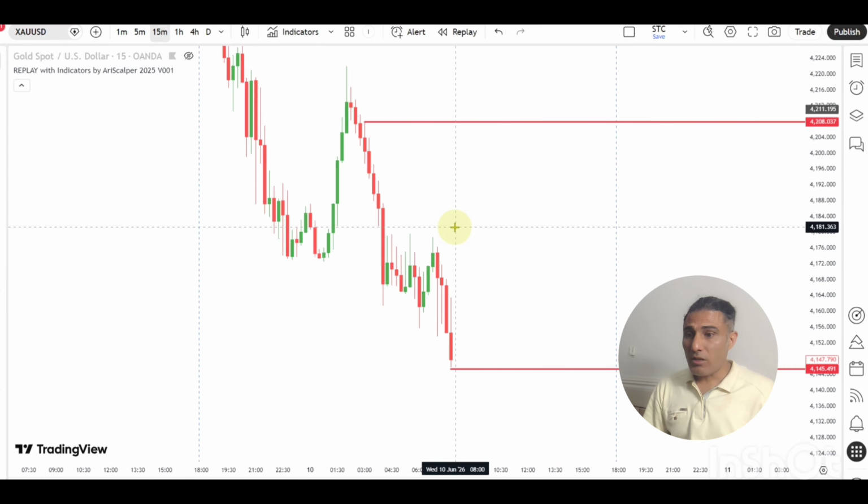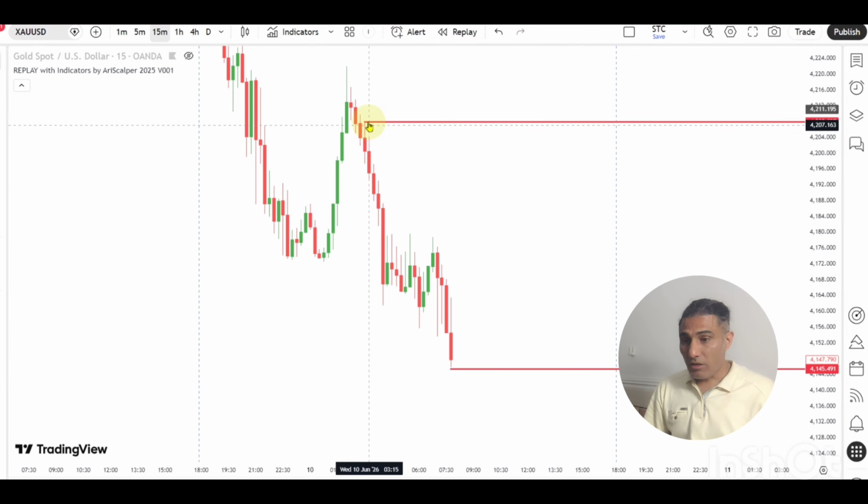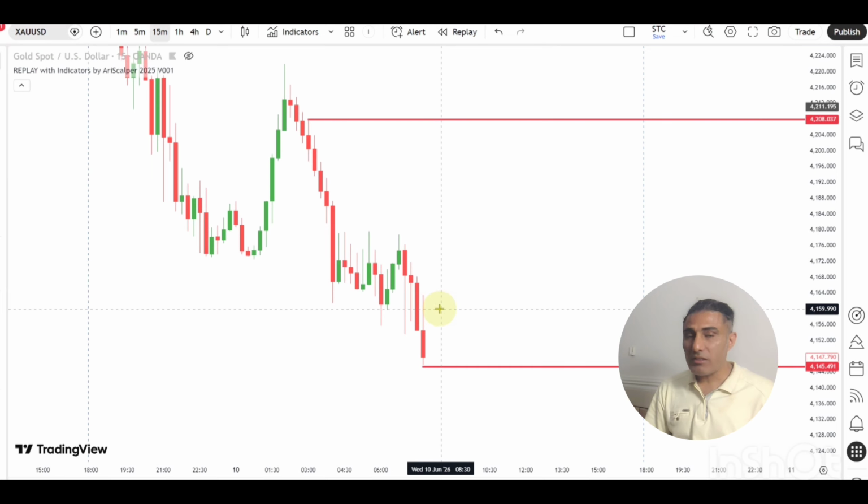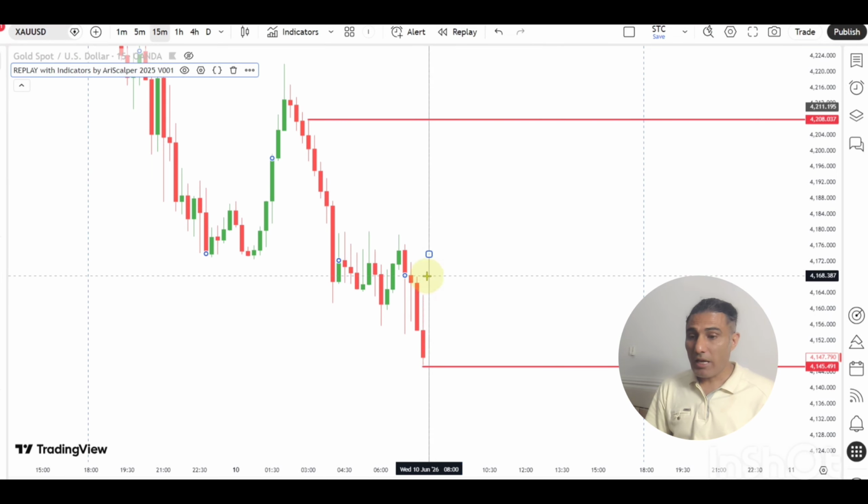As the second example, again we are at the beginning of the New York session. London started here, that was the highest price, and the low of the London session is right here. So we have marked the levels, and let's see what happens on the 15 minutes time frame, June 10th of 2026.